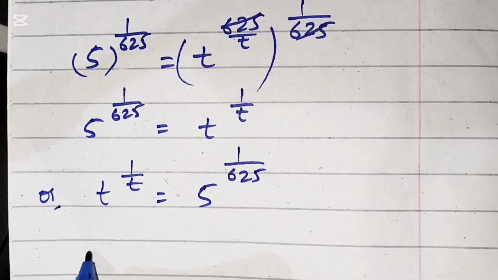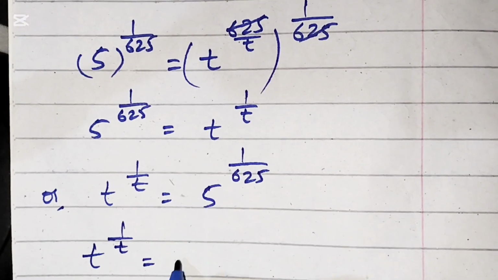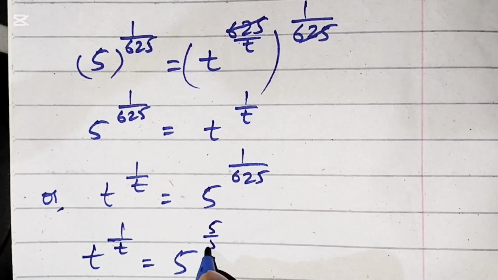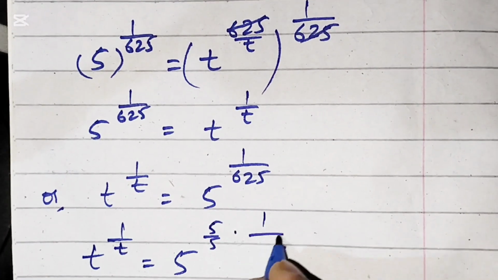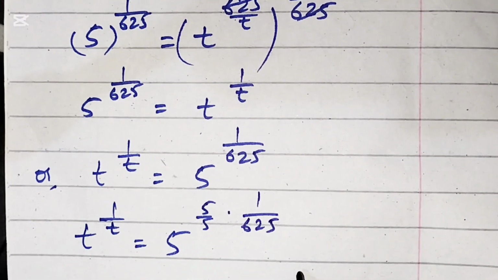Now we can write the right hand side as 5 power 5 over 5, which is 1, and this is as it is. We are doing this for our easiness.